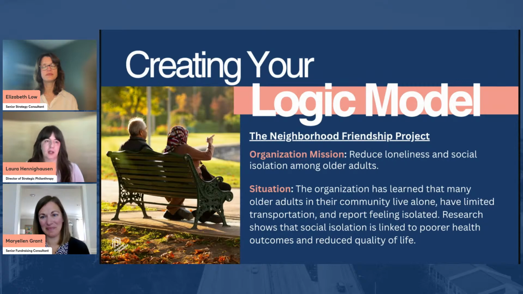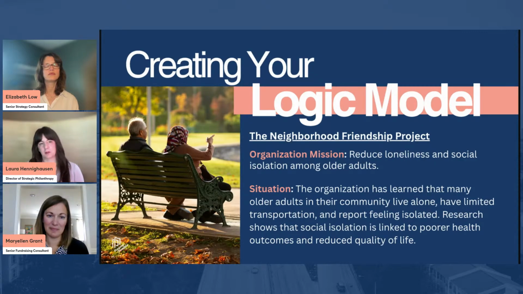So let's do a logic model example that is more nonprofit related. In this case, we have a nonprofit called the Neighborhood Friendship Project. Their mission is to reduce loneliness and social isolation among older adults. The situation is the organization has learned that many older adults in their community live alone, they have limited transportation, and they report feeling isolated.